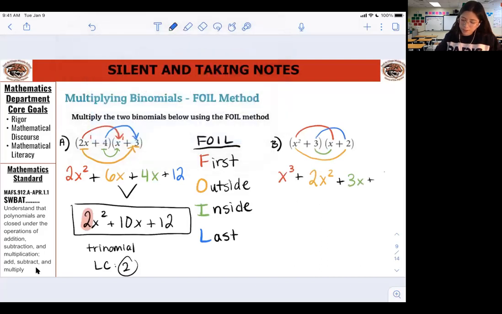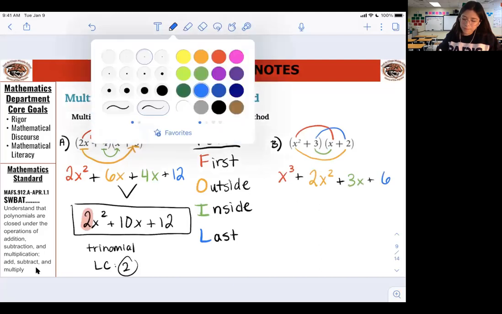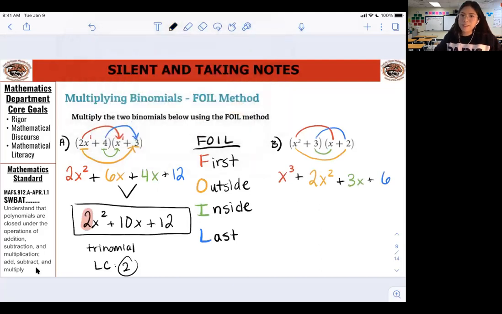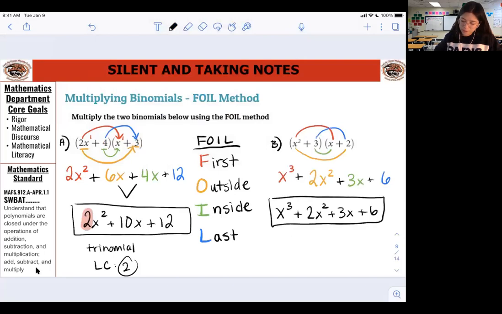Are there any like terms? No. So this stays as a polynomial. You can't combine anything, so we leave it. Polynomial, leading coefficient, 1.